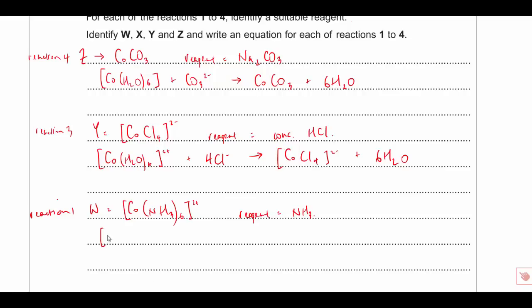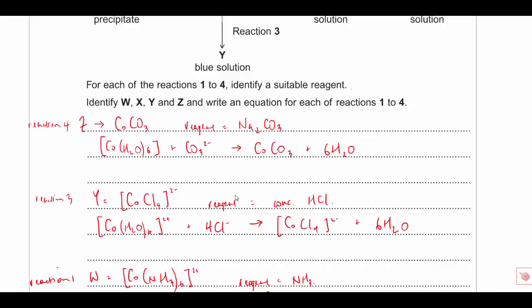Reaction, again, starting with that same one as the last one: Co(H2O)6 2+, and that's going to add to that 6 NH3 to produce Co(NH3)6, still 2+, and 6 H2O.